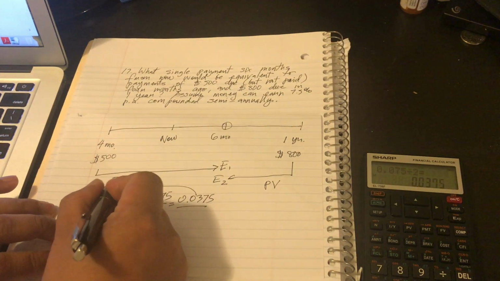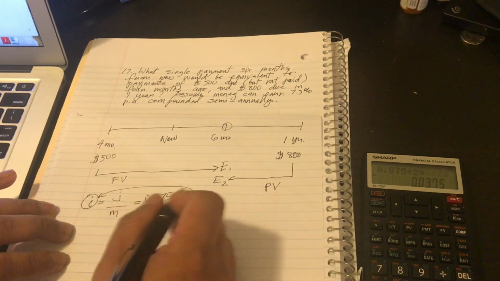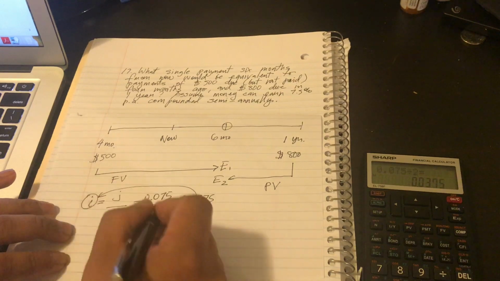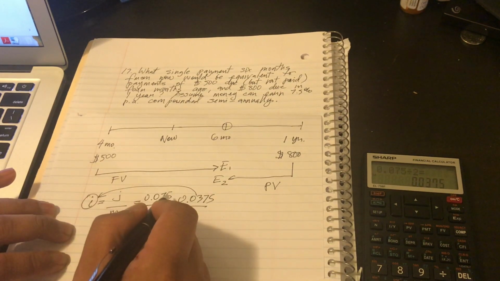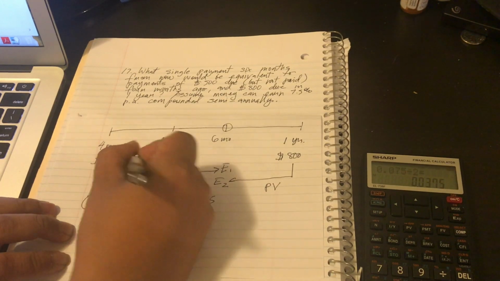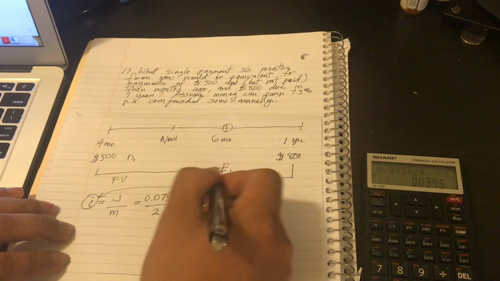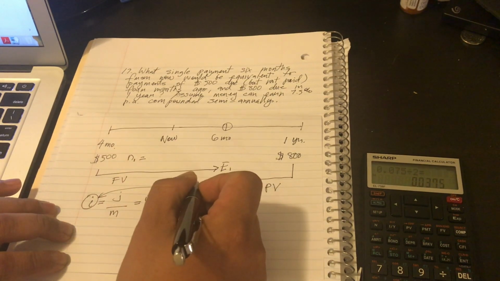First, we have to calculate the N for the future value. It's a good idea to lay out all the givens first before you start calculating the future value and the present value. Let's calculate the n for the future value. Let's say it's n1, corresponding to E1. So how many compounding periods?